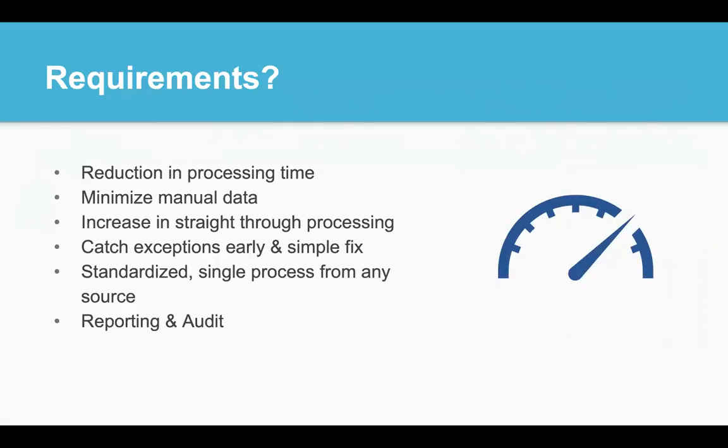Catching problems early is key, and preventing bad data from entering our systems of record is paramount. To be as effective as possible, a single standardized flow for all inbound documents is required. This single flow creates a repeatable, predictable process that allows for complete reporting and audit capabilities to create transparency.